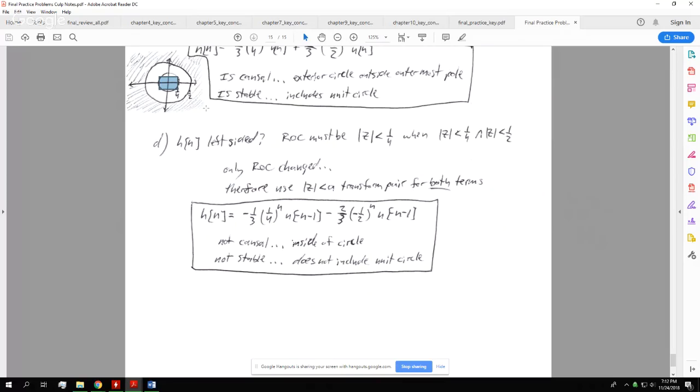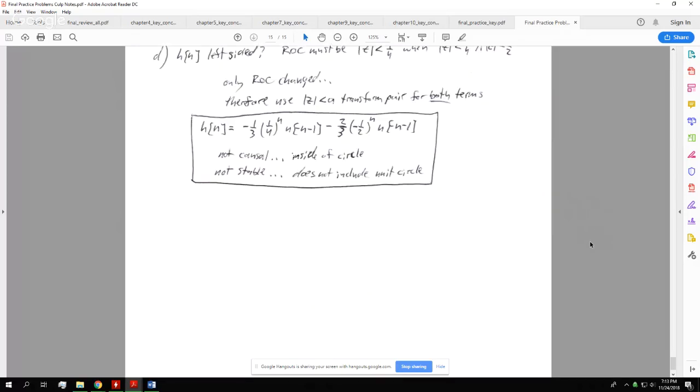So it does not include the unit circle, and therefore it's not stable. Now, the definition of causality is that it is the outside of the outside pole, but we've shaded the inside of the inside pole. Therefore, this system is not causal, and that is it.